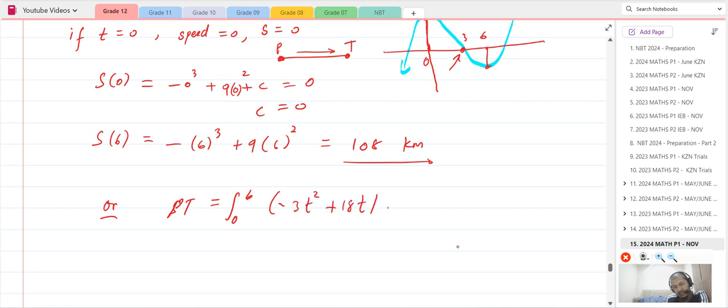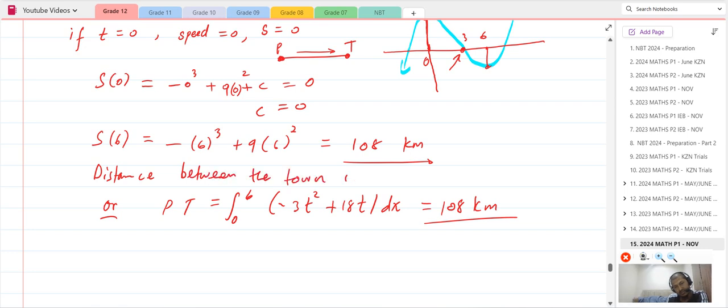In the calculator, just change the t into x and you get 108 kilometers. So that's my answer, the distance between the towns PT. Let's write: distance between towns is 108 kilometers.